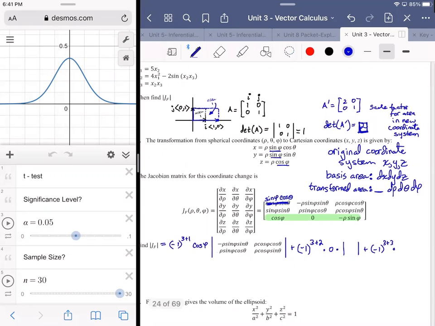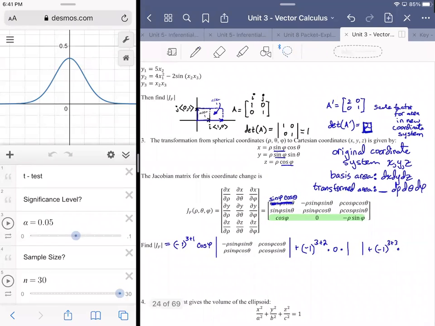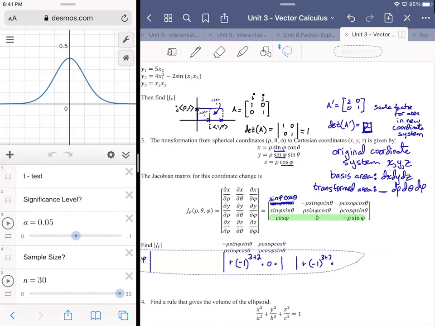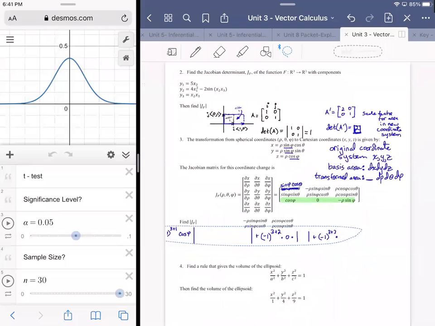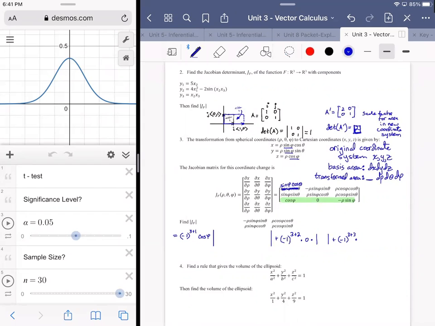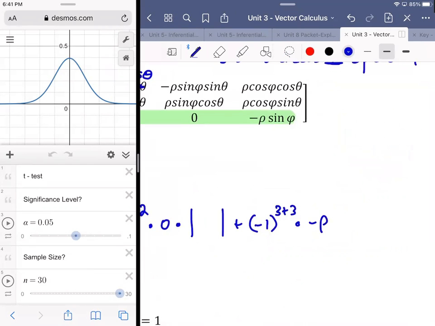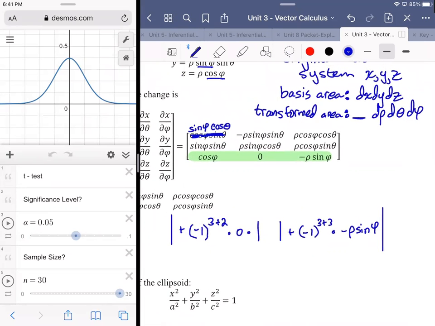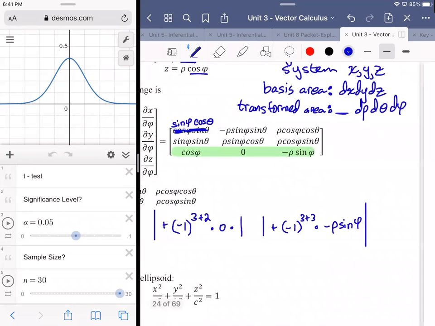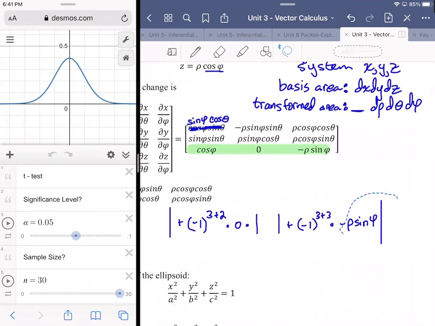And it's going to have a coefficient of negative rho sine phi. If only there wasn't a typo there, it would have been a nice copy paste, but unfortunately. I'm going to resize it in a sec, so I'm just going to move this out of the way real quick.